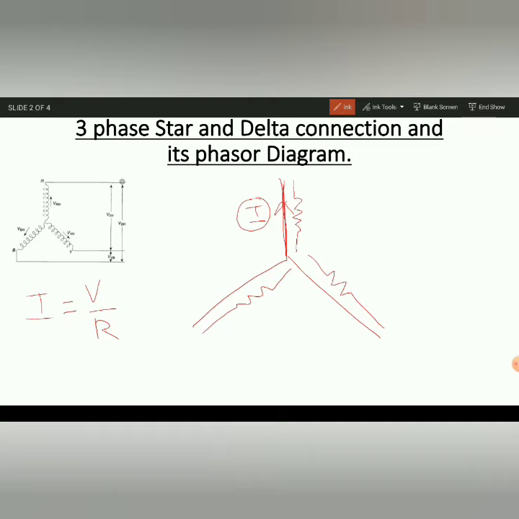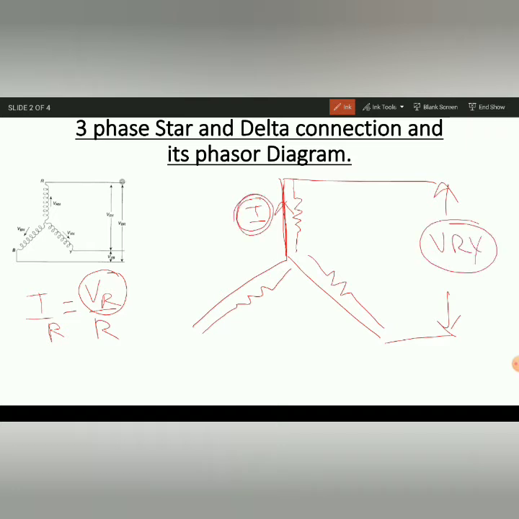If I want to find out the current in the R phase, I consider only the voltage in the R phase. If I apply VRY, I know only the line voltage, but I am finding the current in this particular phase, so I can't consider the voltage between these two phases. VRY is connected across this wire also.